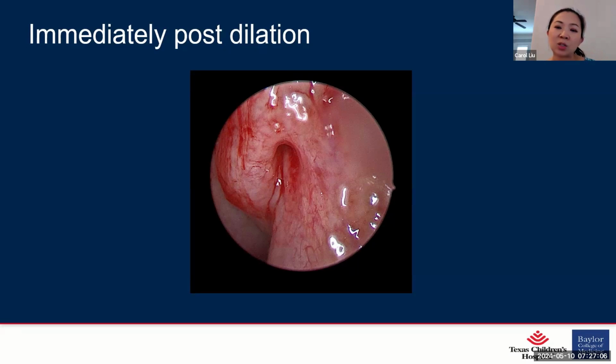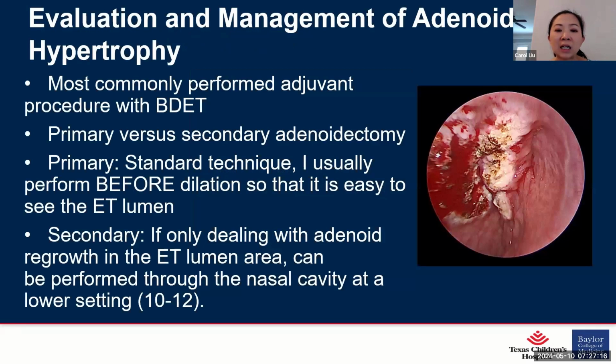And in kids, we tend to want to do it less to prevent the potential complication of temporary or permanent patulous eustachian tube issue. So at Texas Children's, likely also combined with Houston's aggressive allergy season, adenoid hypertrophy is a very common finding.